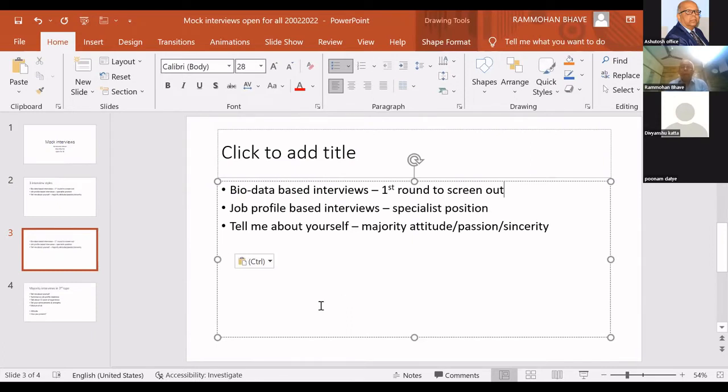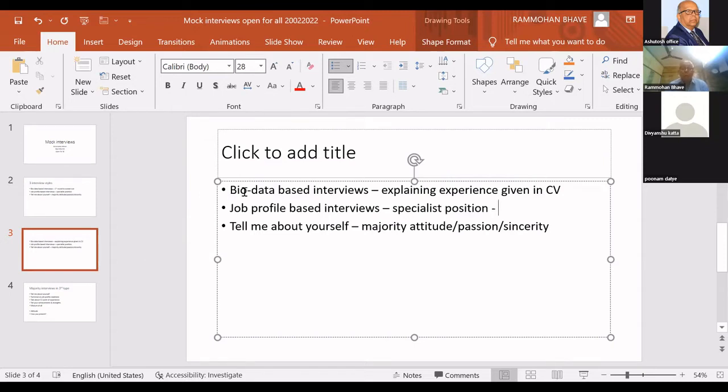Here, what matters is technical or explaining experience. Explaining experience matters maximum, whatever is given in the CV. And he may suddenly jump into crossing you on some points.